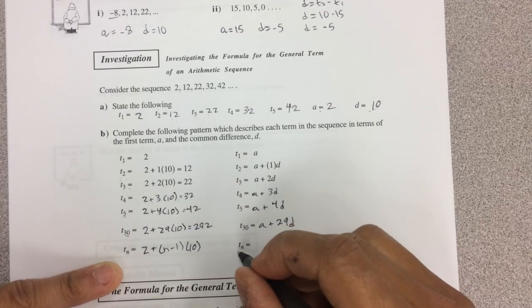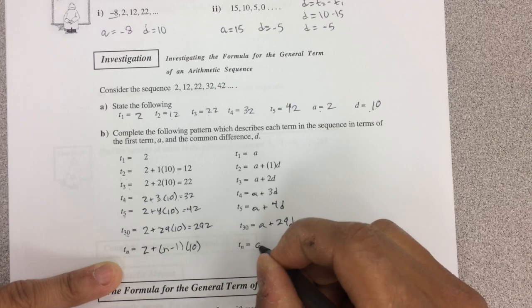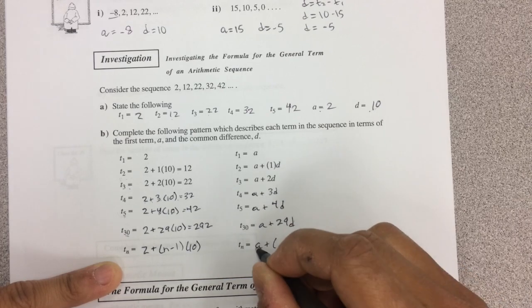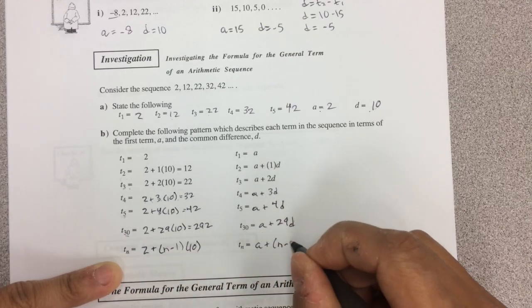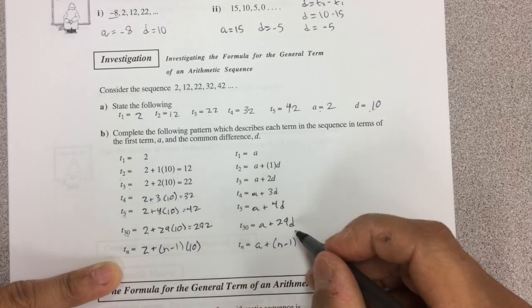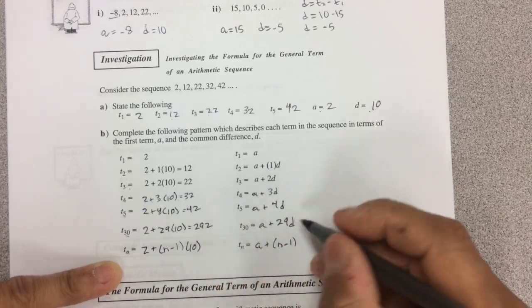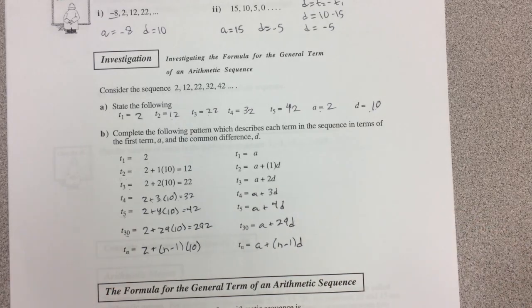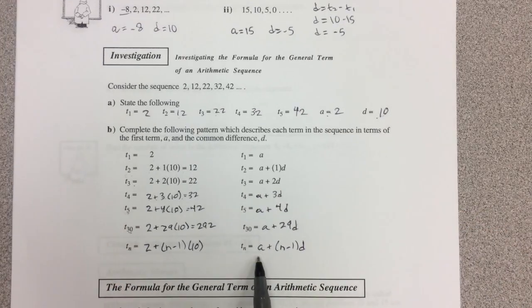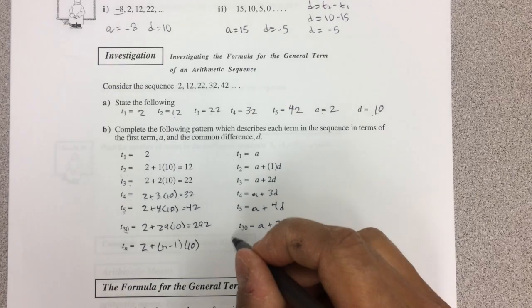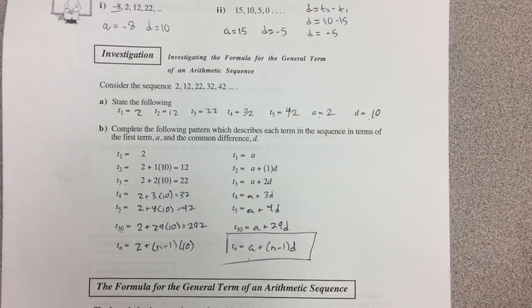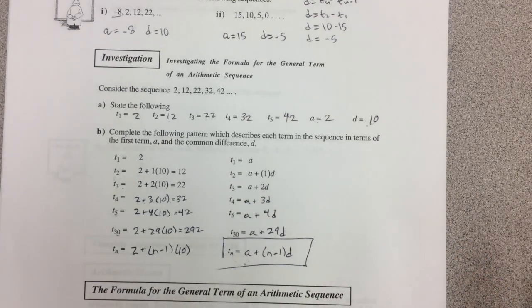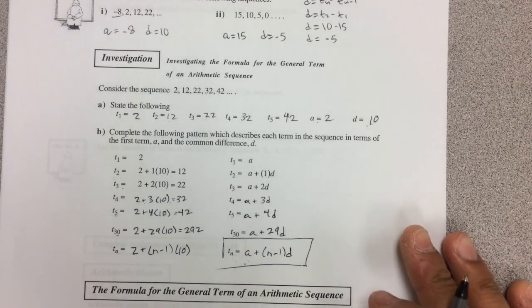And so for any Tnth term, we could also say that's a, a being the first term, plus n minus 1 multiplied by 10, which was my difference. This is the formula that you're going to end up using all the time for determining an arithmetic sequence.